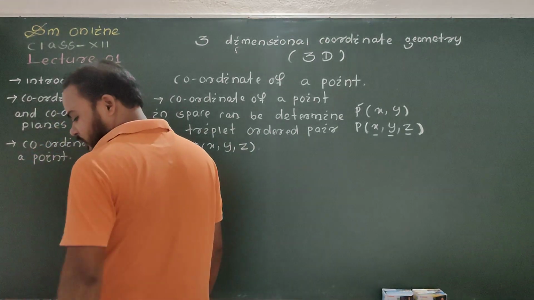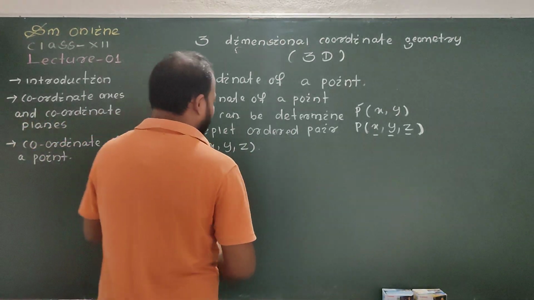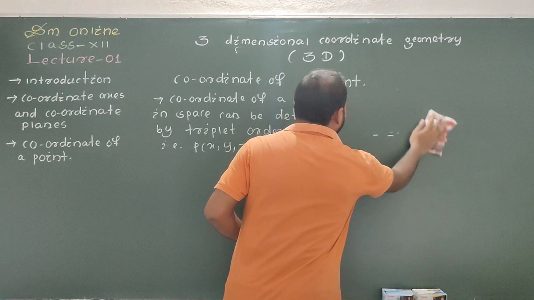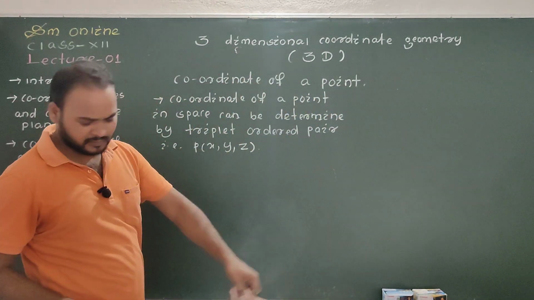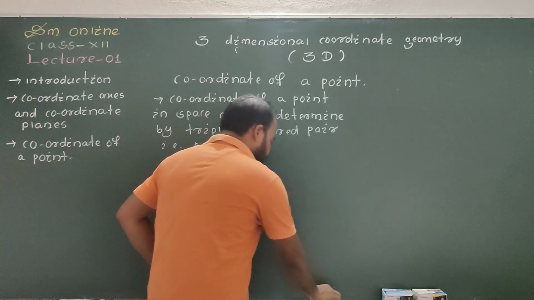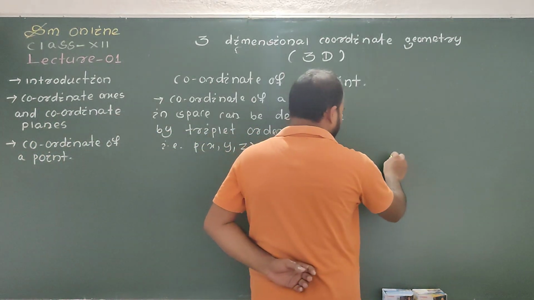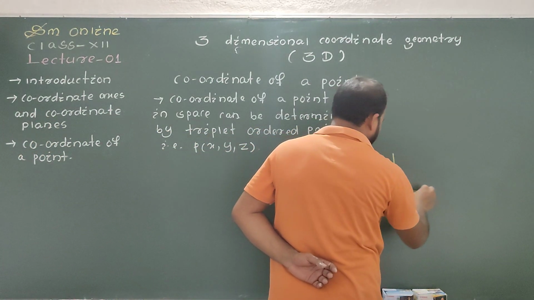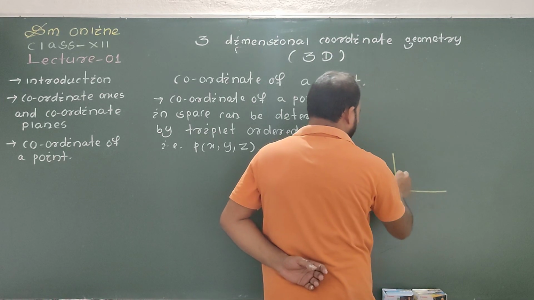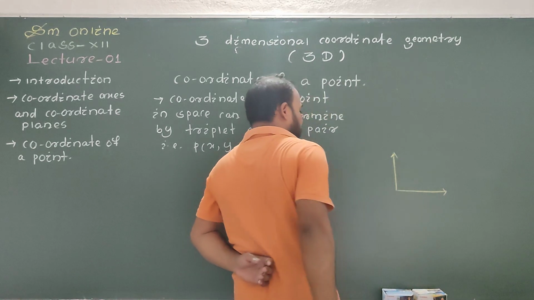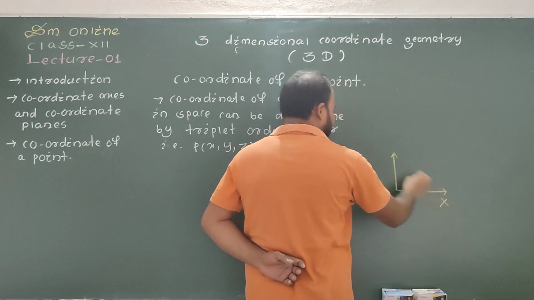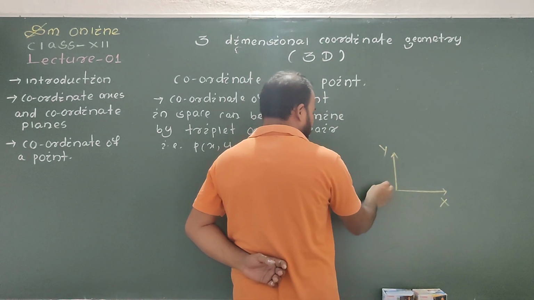Okay, so what is the definition? Coordinate of a point means what? Suppose this is x axis and this is y axis and suppose it is origin.